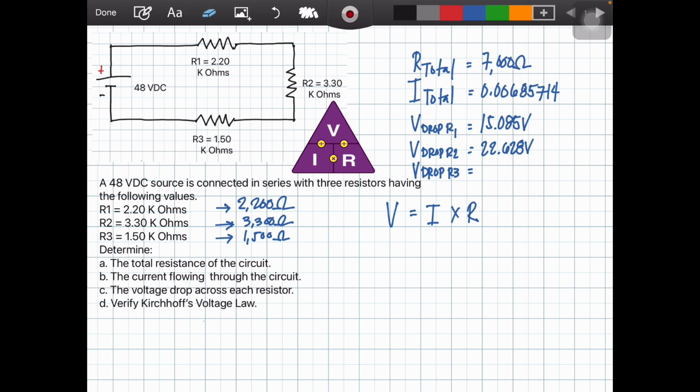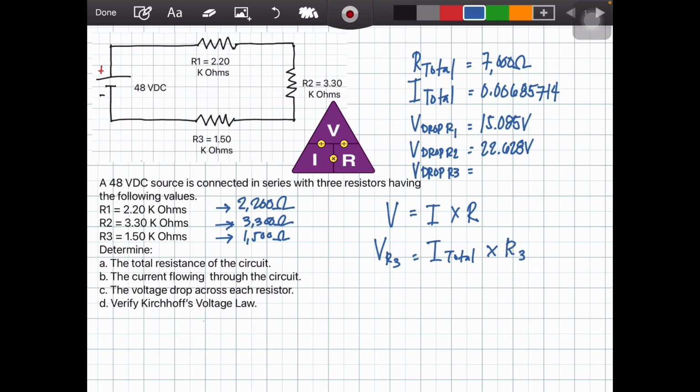We write VR3, voltage drop for the third resistor. VR3 is equals to the total current of the circuit, I total, multiplied by R3.